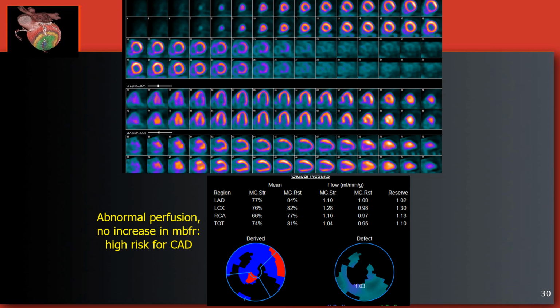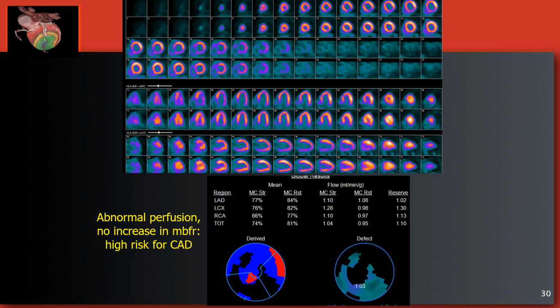But again, this blood flow is a better assessment of that. And then if you look at the vertical long axis, you even see that inferior and apical, there's decreased perfusion, but the entire heart appears thinner on stress than it did on rest.